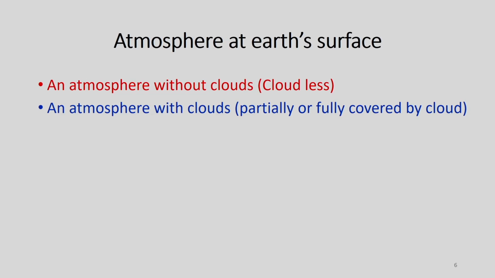As far as the atmosphere at the earth surface is concerned, primarily there are two kinds. An atmosphere without clouds, that is cloudless, where the sky is very clear, and another category, an atmosphere with clouds, which may be partially or fully cloudy. The mechanisms of scattering and absorption are the same for both cases.